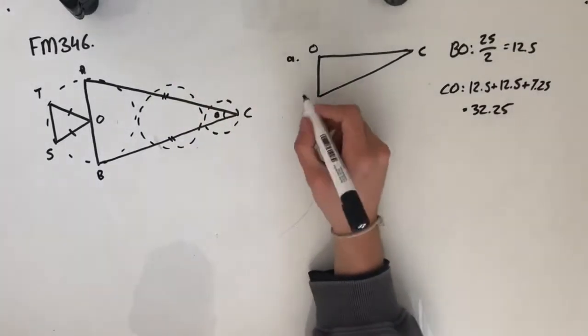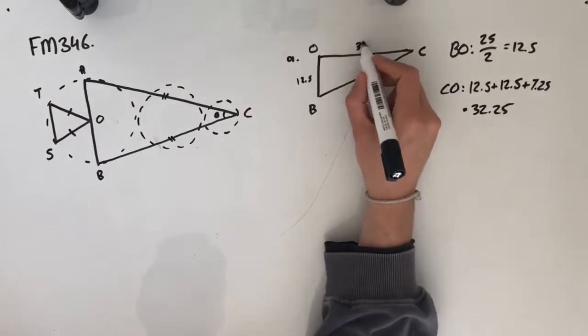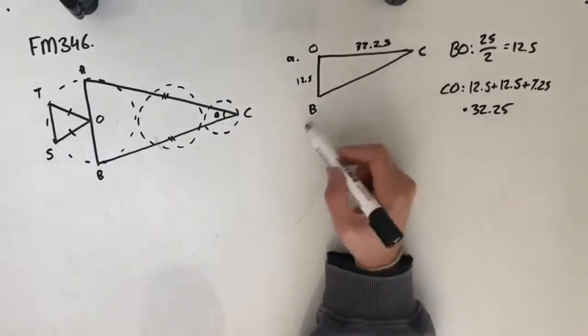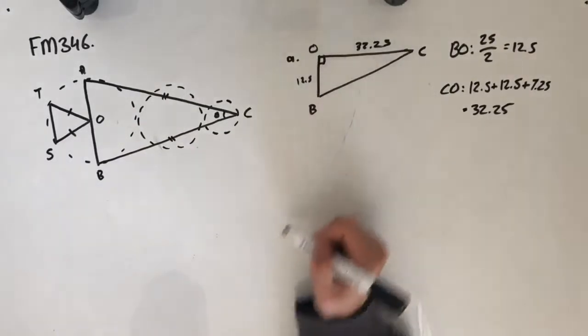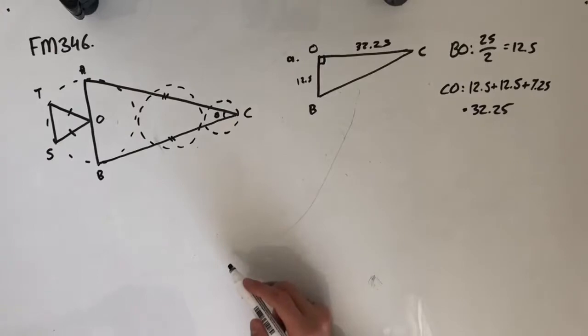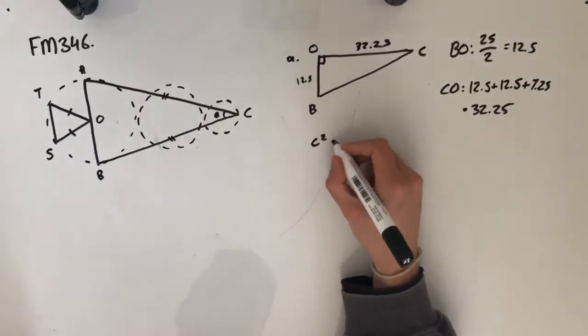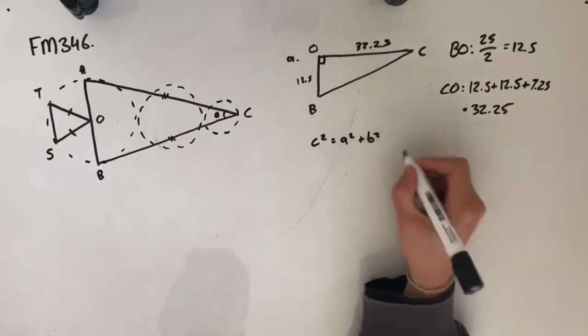So all of a sudden I know that this length here is 12.5, this length up here is 32.25, and the length that I'm trying to find is this BC. So I know two side lengths of a right angle triangle, and I'm trying to find a third one. So we're going to use our Pythagoras formula. We've got c squared equals a squared plus b squared.